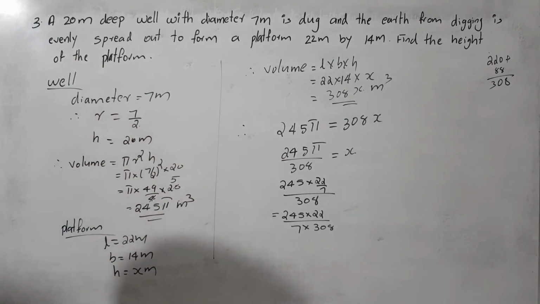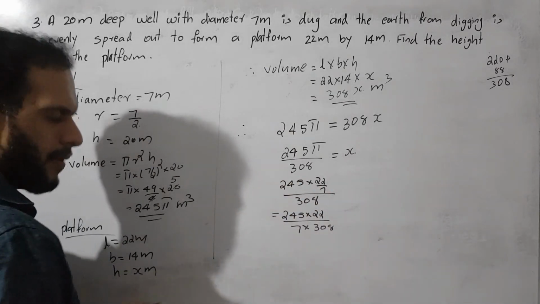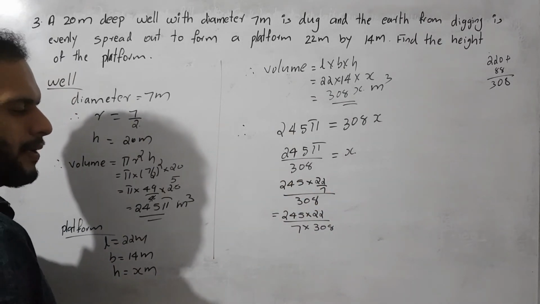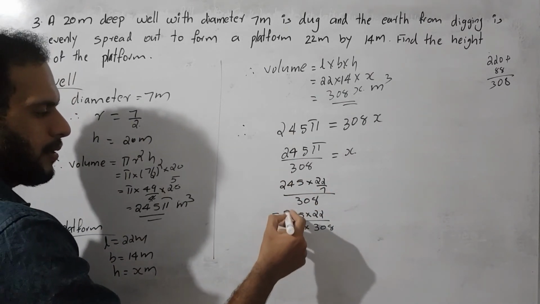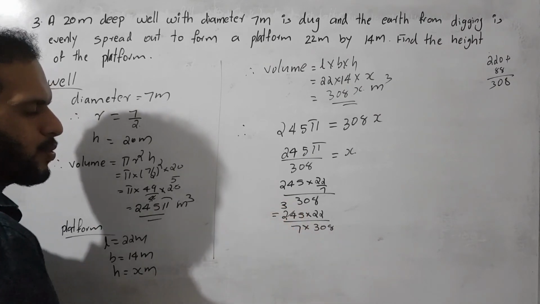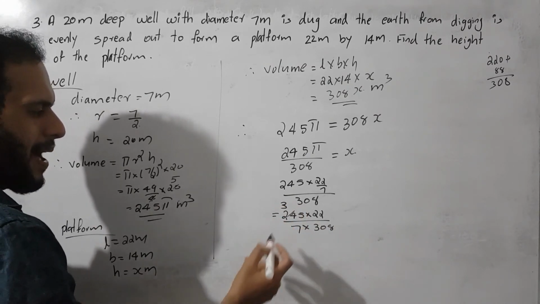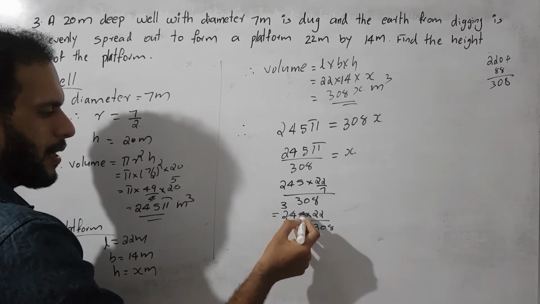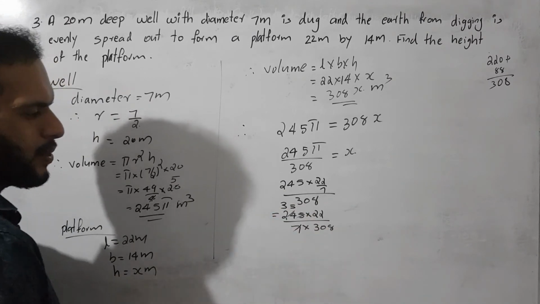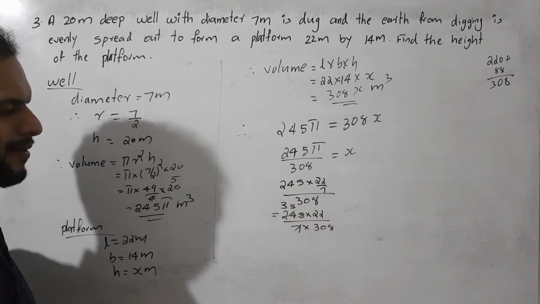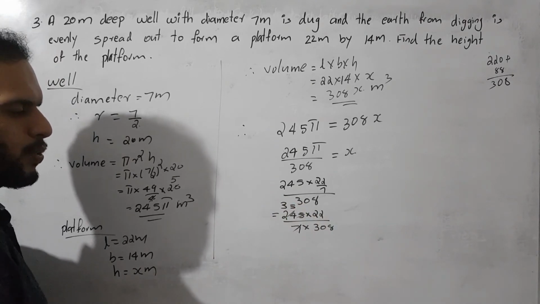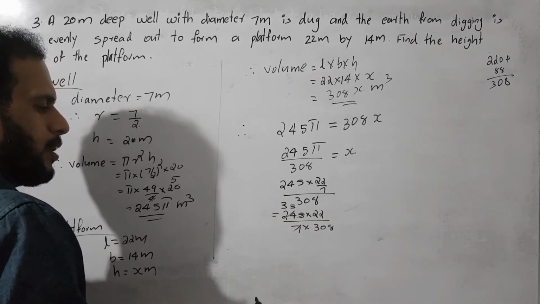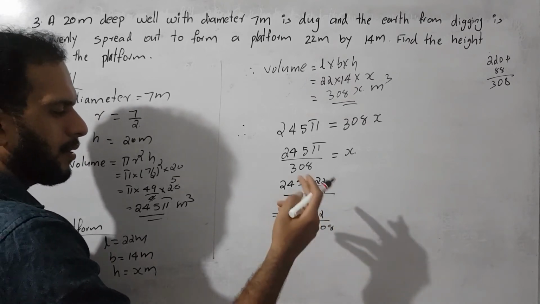It is possible to factorize 245 and 7: how many times? 35 is 5 times, 7 into 5. And 22 is possible to reduce with 308.